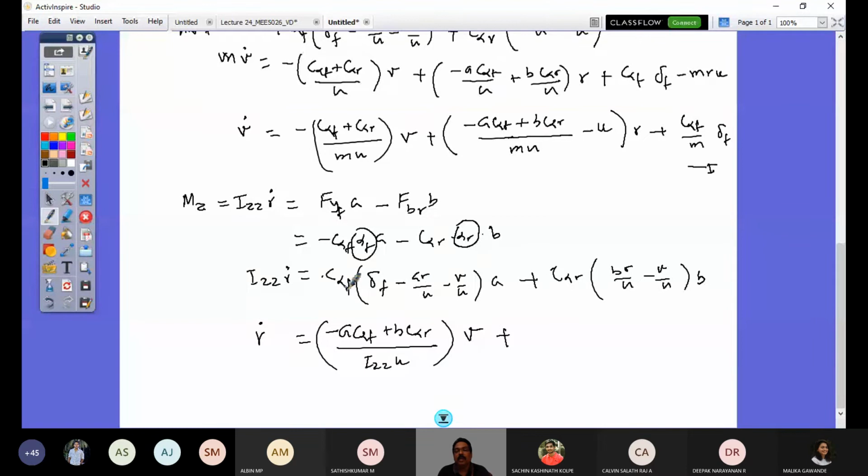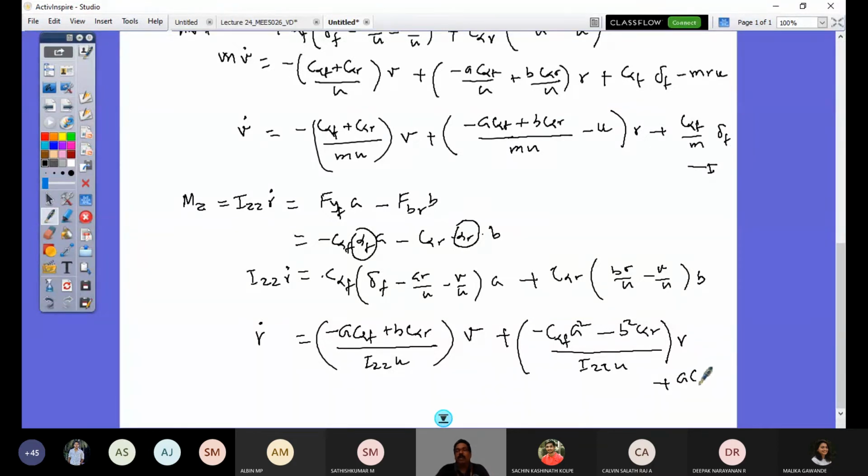So here I have C alpha F A by U, and here I have C alpha R B by U, B squared by U, here A squared by U. So I will have this as minus C alpha F A squared minus B squared C alpha R by I Z U into R. And of course then one term left is the input term, so that is plus C alpha F into A. So A C alpha F by I Z into delta F. So this is my Roman numeral 2, equation number 2.